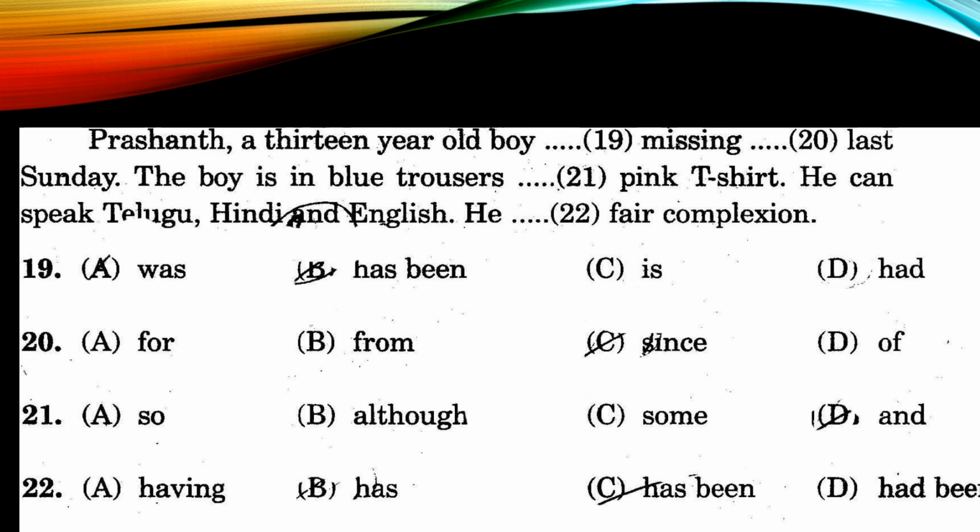For all these 4 blanks, we have to select an appropriate option from the given options. So, read this paragraph thoroughly and find out whether it belongs to present tense, past tense or future tense. Then you can definitely find a particular option.